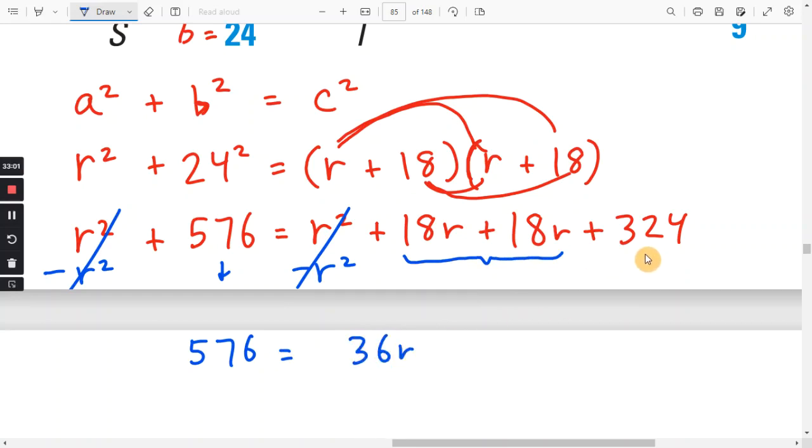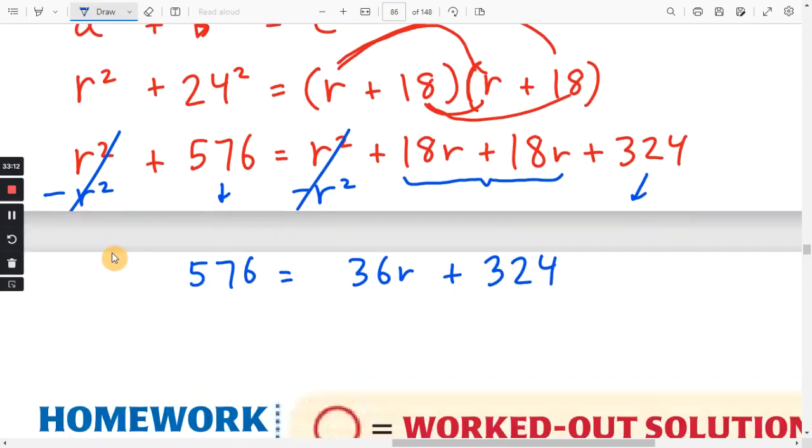And we still have 324. You want to bring that down. So I just combined the like terms and got rid of the R squared. Now I want variables on one side and numbers on the other. So I'm going to do minus 324 on both sides.